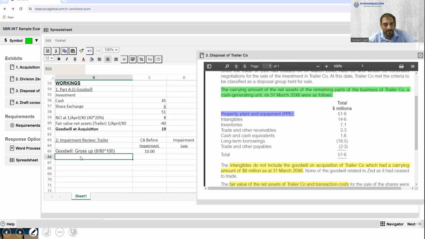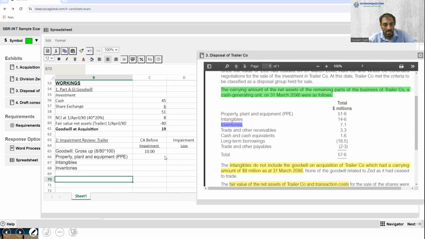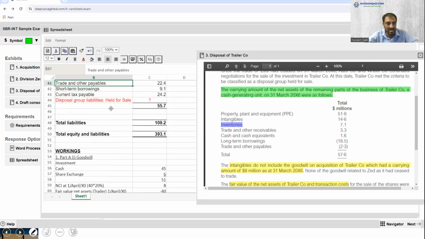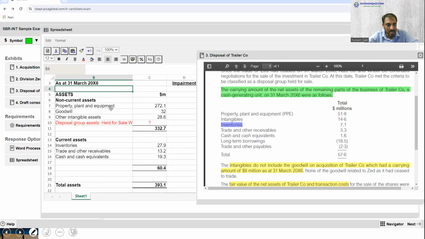Yes, Control C, Control V: intangibles, inventory, trade and other receivables, cash equivalents, long-term borrowings and trade payables.